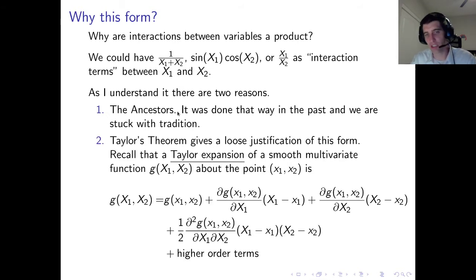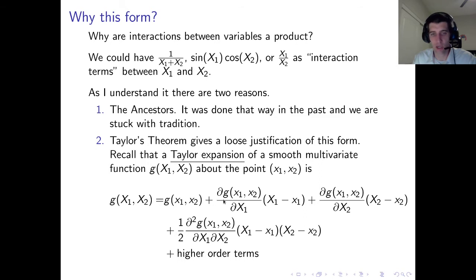The second reason is actually Taylor's theorem. If you remember Taylor's theorem from your calculus classes, if you have a smooth multivariate function with inputs x1 and x2, you can form a Taylor expansion around some point, and you can do so by taking derivatives times first order terms and their products.